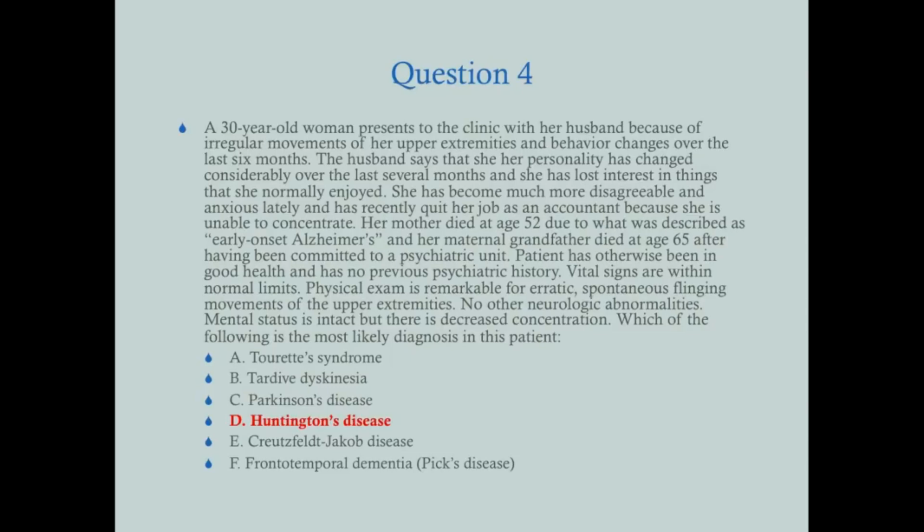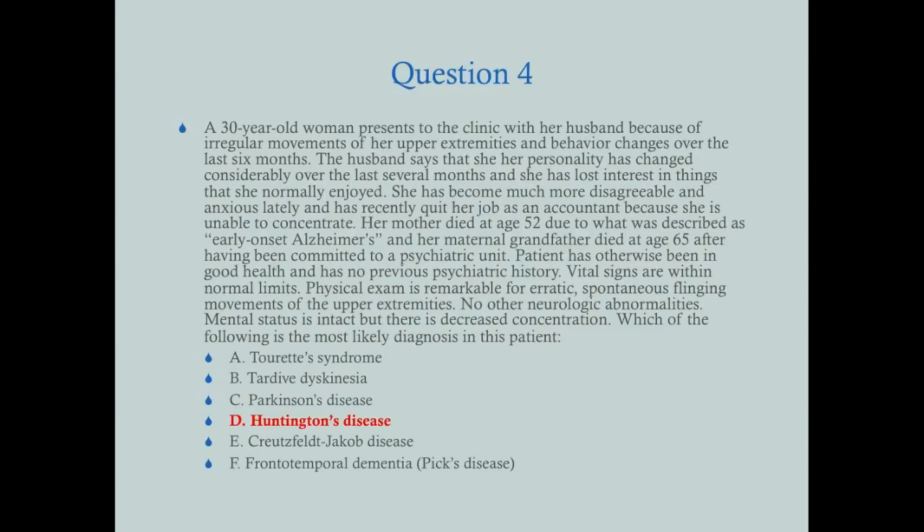Kind of like when you tap the knee doing a deep tendon reflex, something like that happens with their extremity, but you're not doing anything to elicit it. That's ballismus in a nutshell. Parkinson's disease is also not associated with behavioral changes early in its manifestation, and there's also not an obvious inheritance pattern.